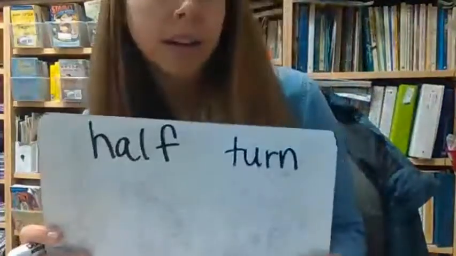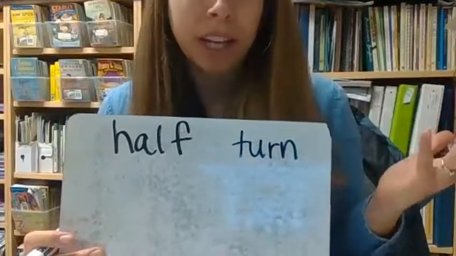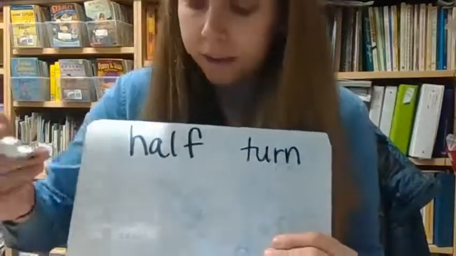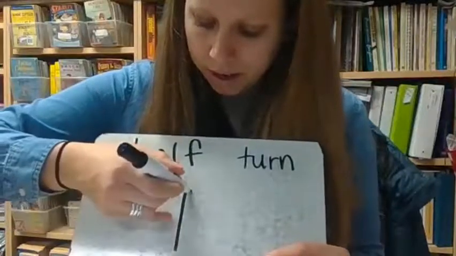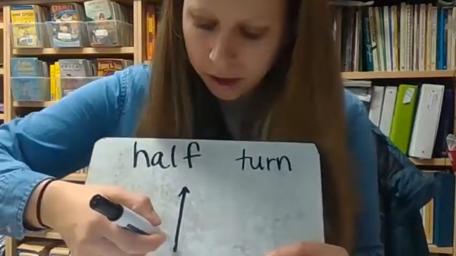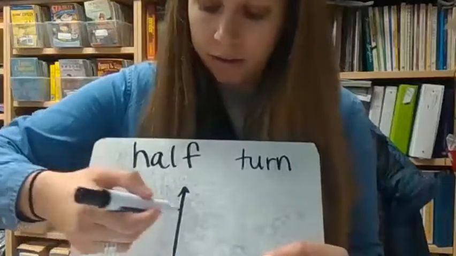Now, if you can imagine what a half turn is, you're ahead of the game. When we talk about a half dollar or a half hour, it's just splitting whatever it is in half. So a half turn is, if this is our angle, it goes the whole way around, it goes like this.